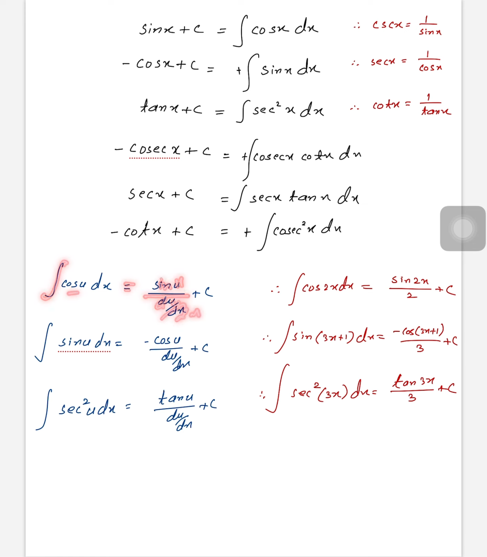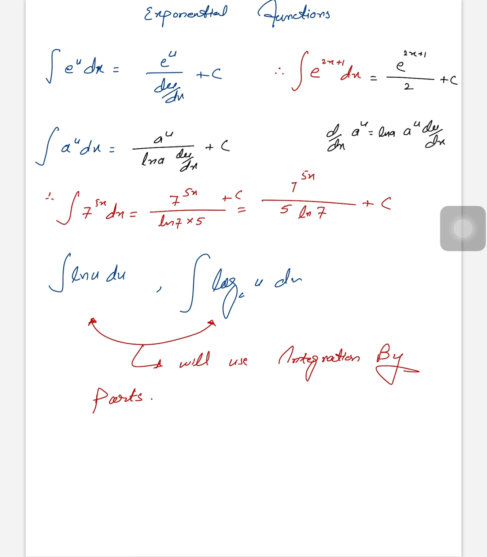Similarly, the integration of sin u is minus cos u divided by the derivative of u. Similarly, the integration of secant square u is tangent u divided by the derivative of u. Like here, the integration of cos 2x, where 2x is considered as u, is sin u divided by the derivative of u, which is the derivative of 2x, that is 2.